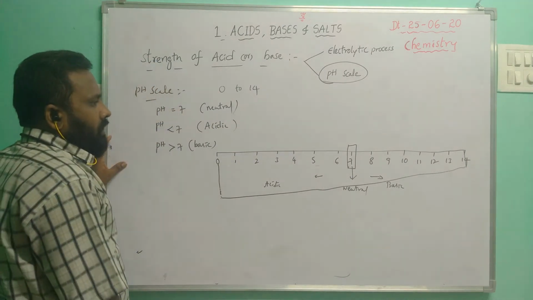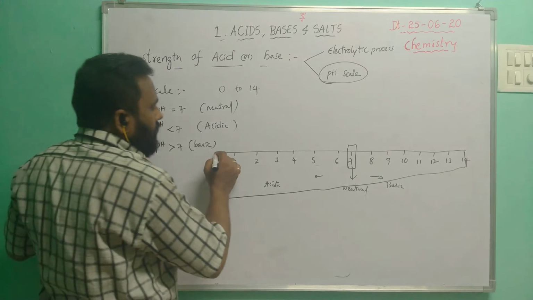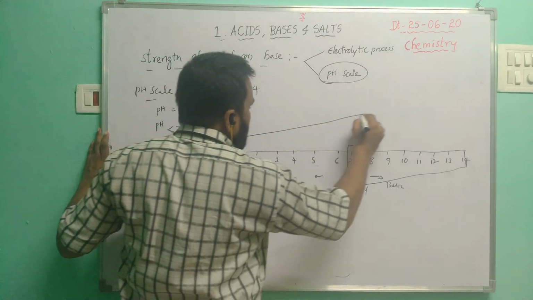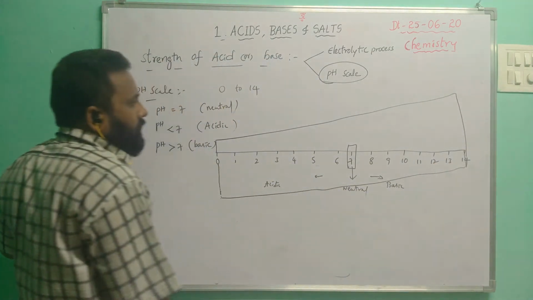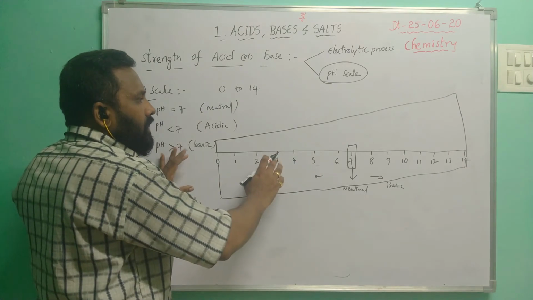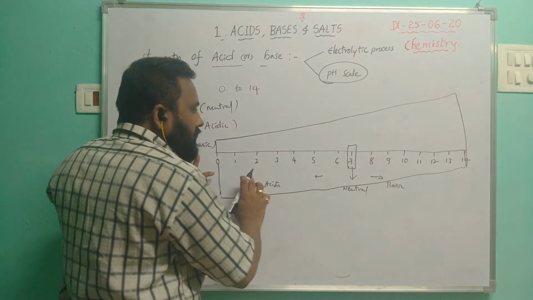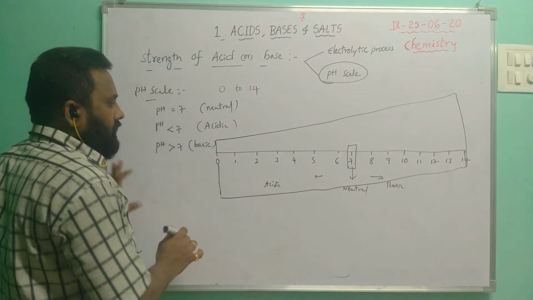OH minus ion concentration increases when pH value increases. When pH value increases, the OH minus ion concentration increases and the H plus ion concentration decreases, right?